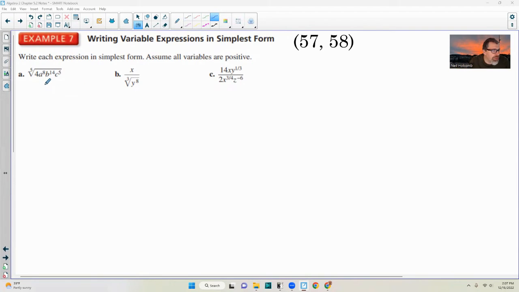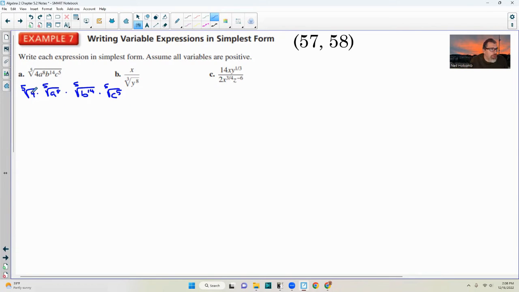So what I'm going to do is just simply break it up first. So I'm going to do the 5th root of 4 times the 5th root of a to the 8th times the 5th root of b to the 14th times the 5th root of c to the 5th.